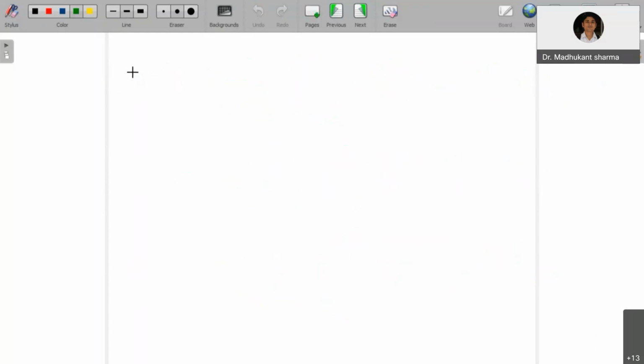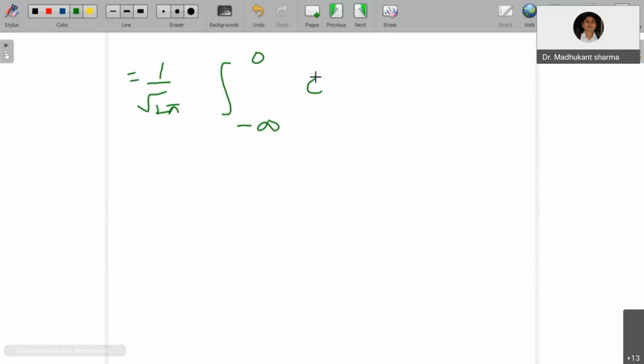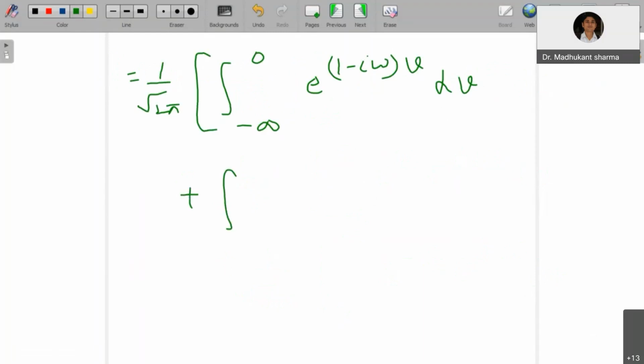Now further you can write this as 1 upon root 2 pi integration minus infinity to 0 of e to the power (1 minus iw) v dv, plus integration 0 to infinity e to the power (minus 1 plus iw) v dv.